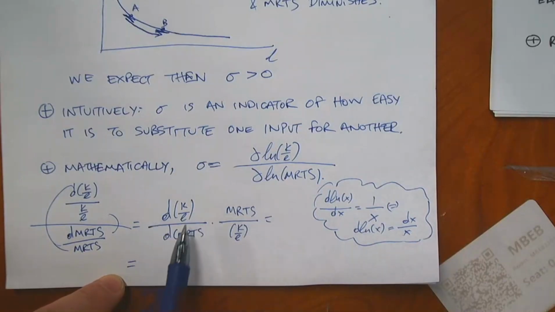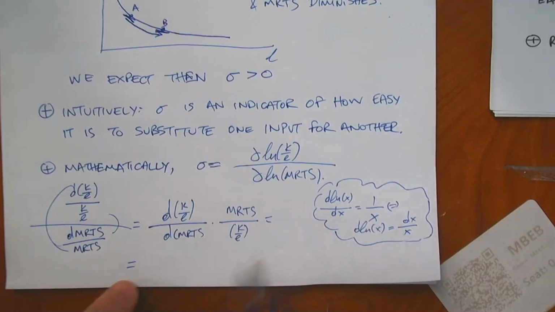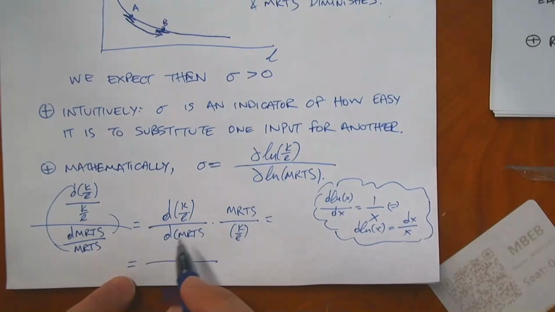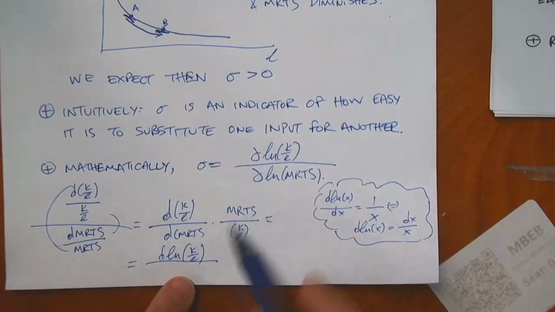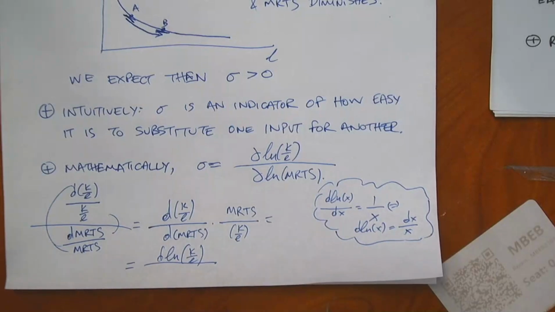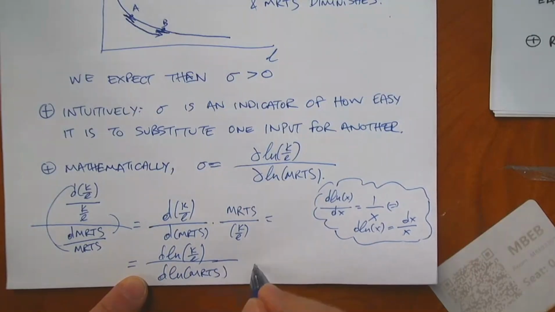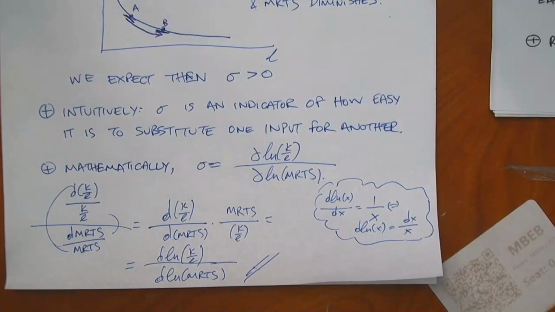You have the dK over L divided by K over L, and these two things are going to give us the dln of K over L. And then over here, you have something similar, the dMRTS and the MRTS itself, but they are in reverse places. It's saying it's 1 over dMRTS over MRTS, so that's why we put the dln of MRTS down here, okay? And complete this. So that's on the measurement side of things.